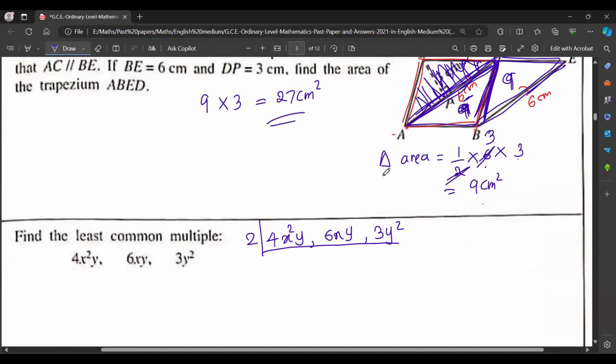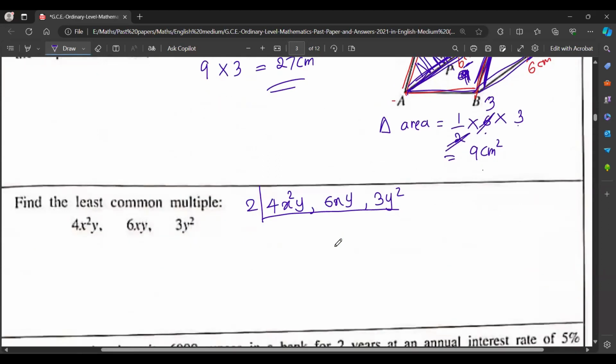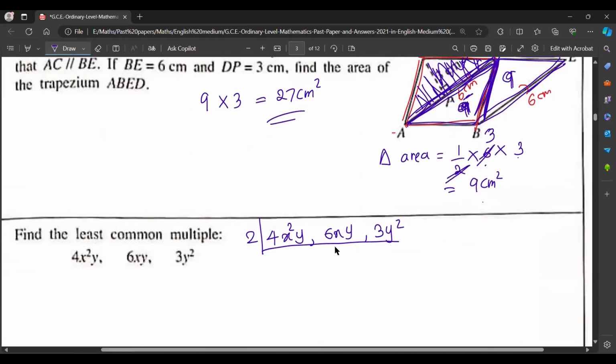And here they are asking for the LCM. First of all, consider the numbers and divide by 2. 4 divided by 2 is 2, so x squared y becomes 2 x squared y. 6 divided by 2 is 3, so 3xy. 3 can't be divided by 2, so I take 3y squared, the same value.